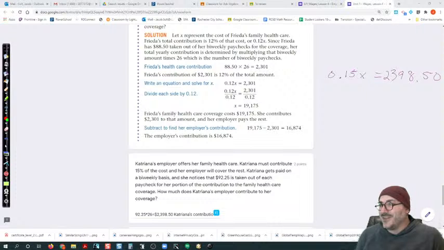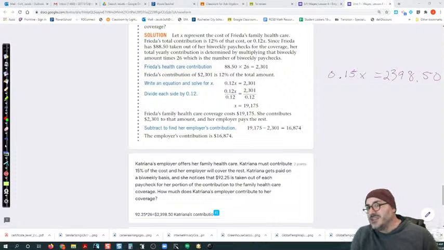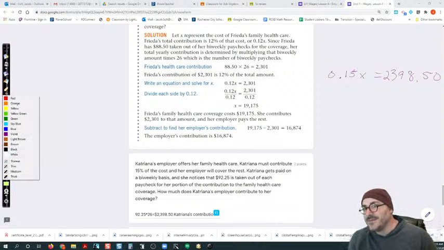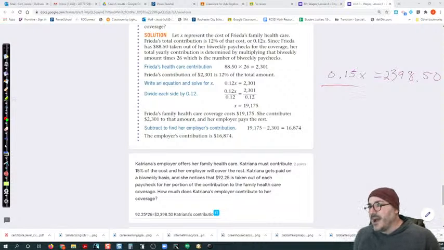Let me change my color so you see that it's something different. I'm going to divide by 0.15 here, because why? What does this do for me? This number and this number are the same number, and if I divide a number by itself, it automatically becomes 1. I can cross all that out. It just becomes 1x.